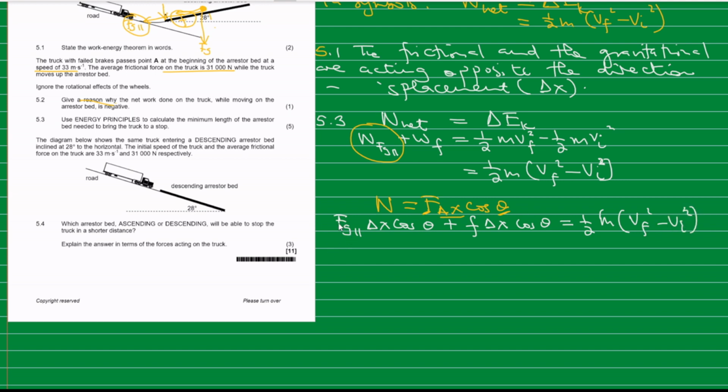Now let's put in some numbers. There is also one piece of information we need before we substitute. We know that Fg parallel is a component of the gravitational force, and it is defined as mg sine theta.